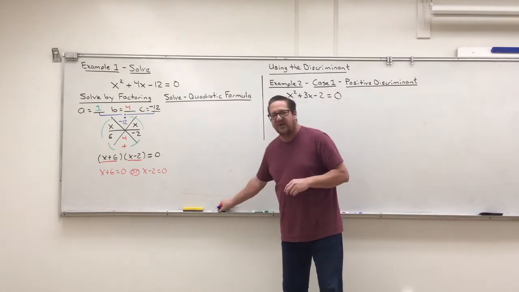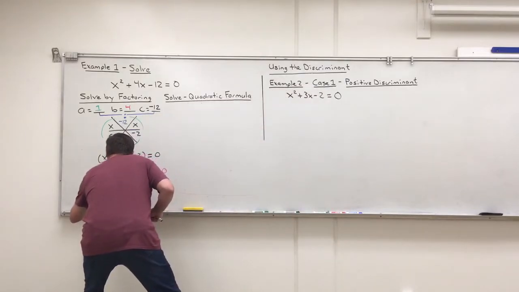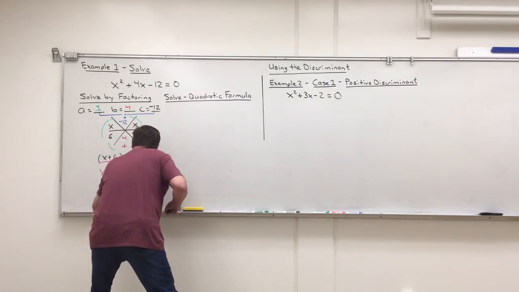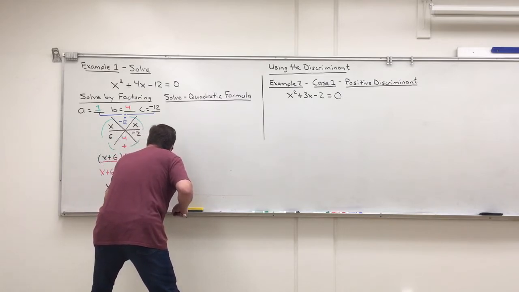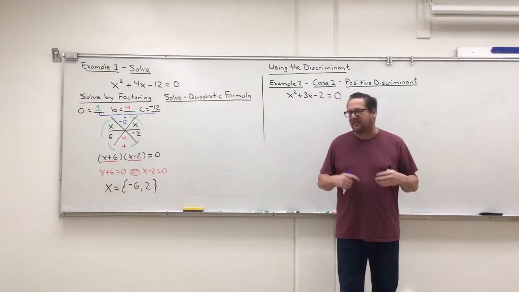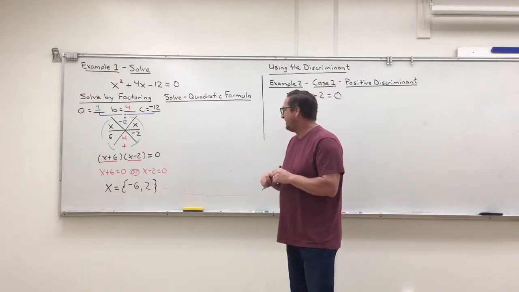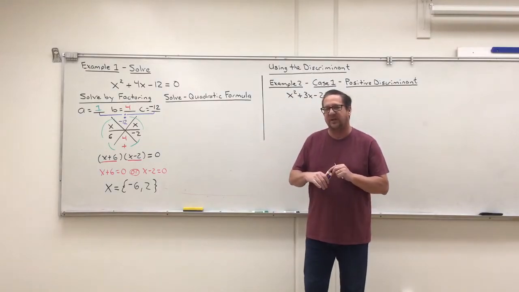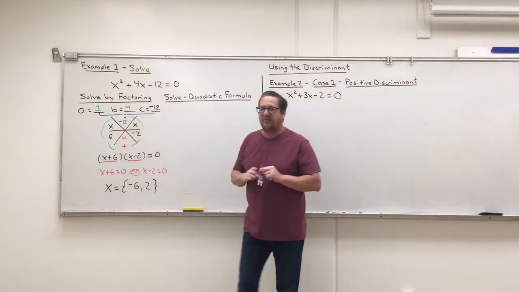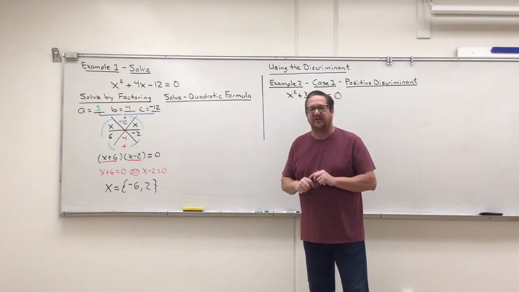We solve both problems for x, and we're going to take a shortcut here. Our final answer would be the solutions, the roots, which is the new word we're using: negative 6 and 2. And we know if we plug negative 6 and 2 into the equation, we would get 0 equals 0, and we know our answer is right.